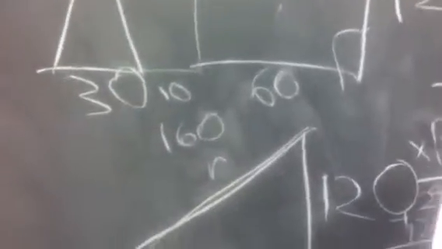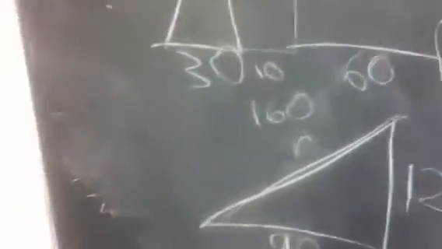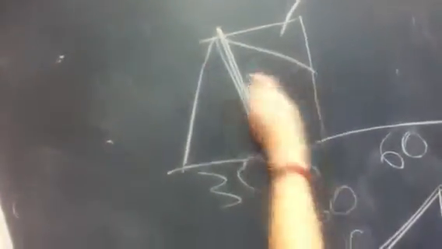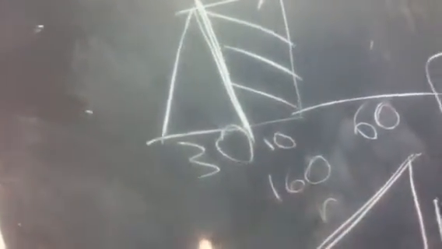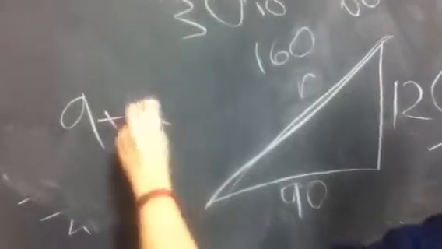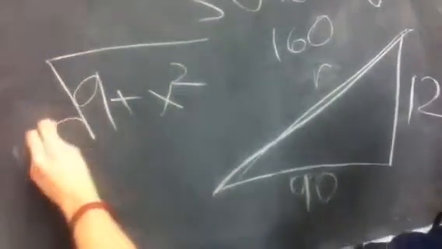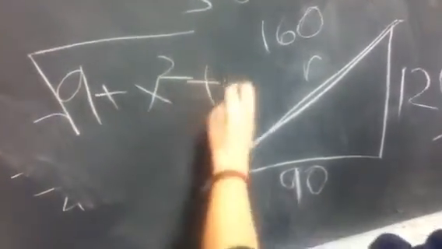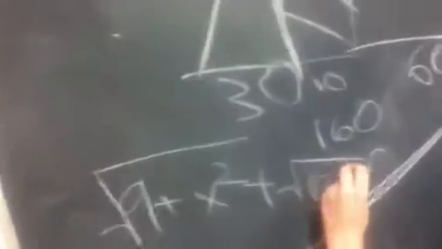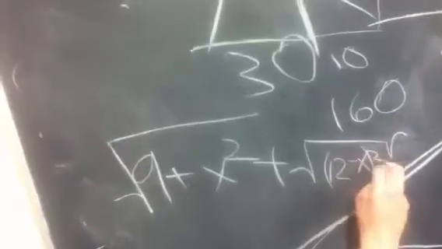Then you want to try to find the length of this part right here. And in order to do that, you would take the derivative of the square root of 9 plus x squared, plus the square root of 12 minus x squared plus 36.